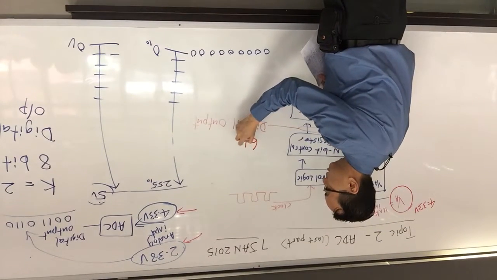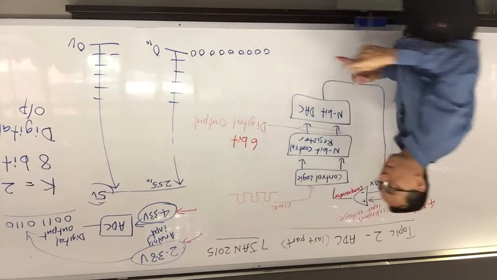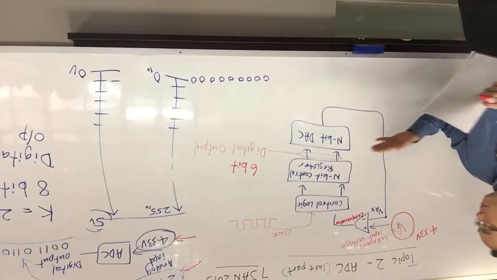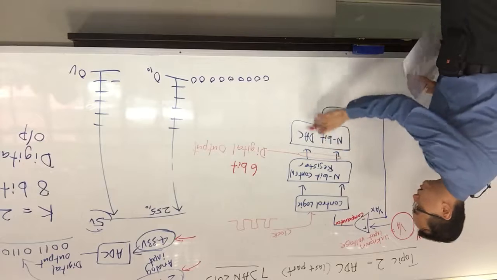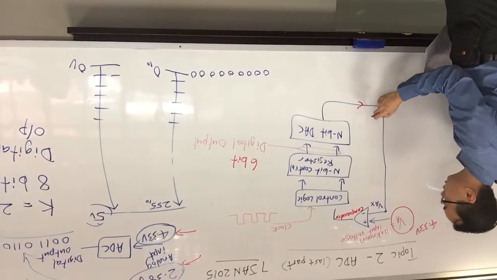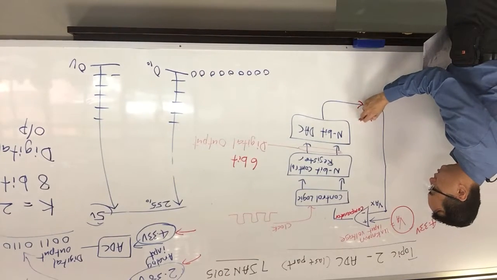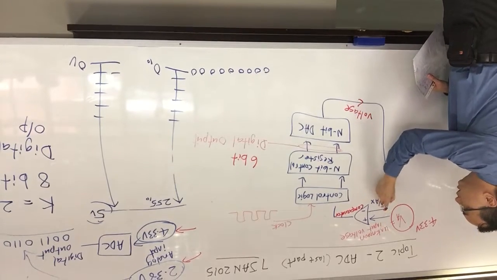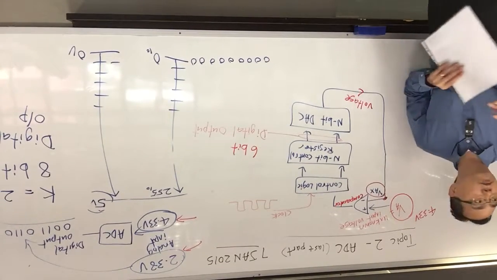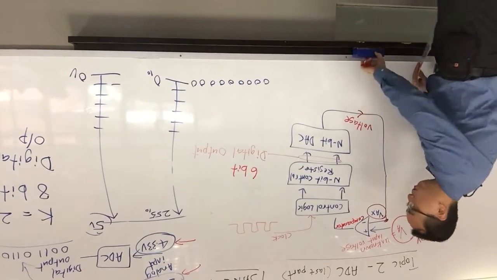Because internally there's a digital to analog converter, what is coming out here is also another voltage. There's a voltage coming, I call it the VAX. It's a reference.